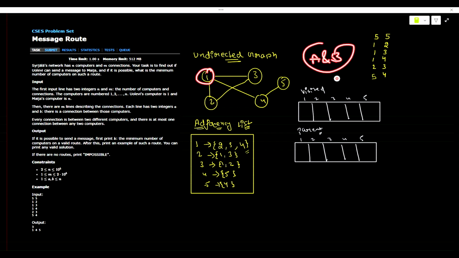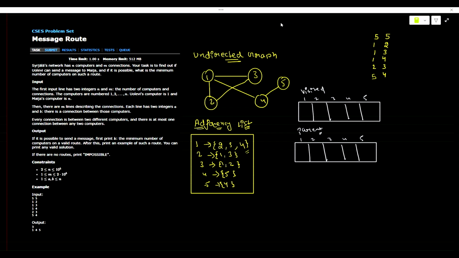We did BFS traversal, and if the B position is visited, then there is a path, and otherwise, no. So this is a similar problem. Now let's see how we can solve it by using DFS. The idea would be similar, and if you follow the series from the very first video, you can do it by yourself.